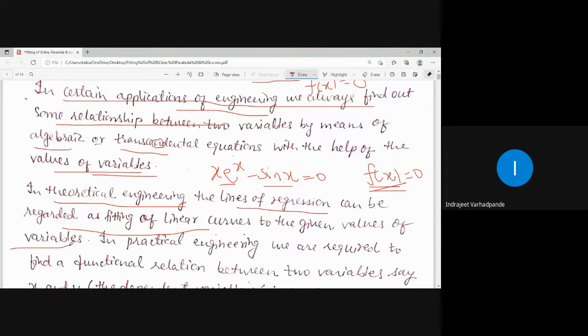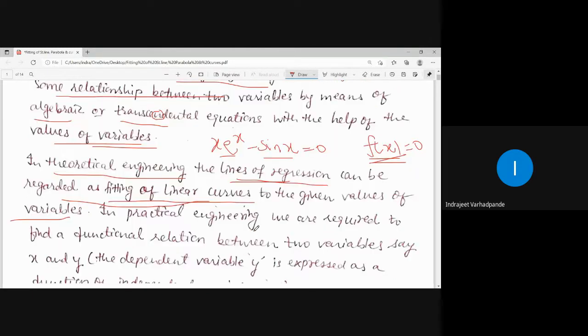One of the topics we are going to discuss in due course of time is lines of regression, coefficient of correlation, which is an extension part of fitting of a curve.